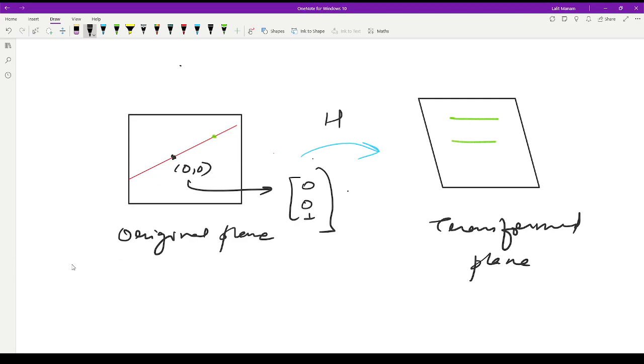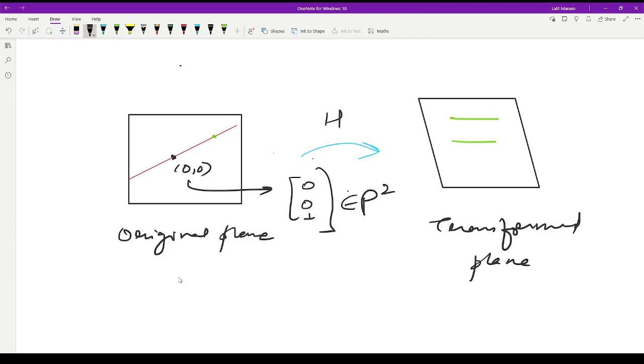Do you agree with that? So your two coordinates are 0, we just add the third coordinate to be 1 in the original plane, so that we are now in projective space.